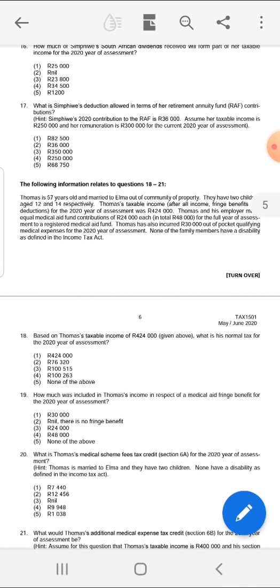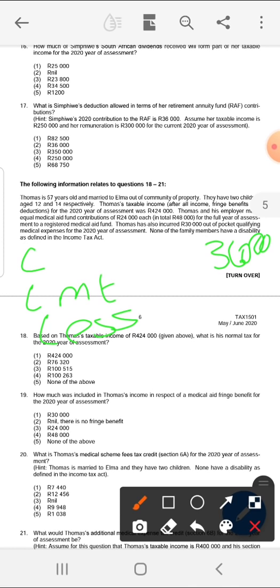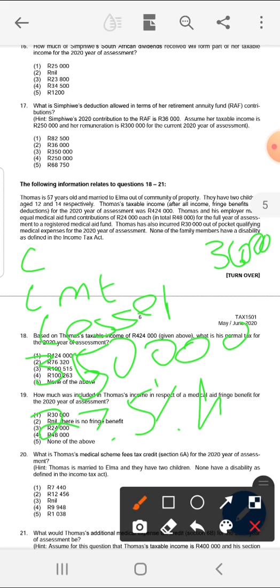So how will we calculate this amount? Let me do the calculations here. The contributed amount, which is 36,000, is limited to the lesser of 350,000 or 27.5% of the higher of remuneration and taxable income from the amounts we are given here.